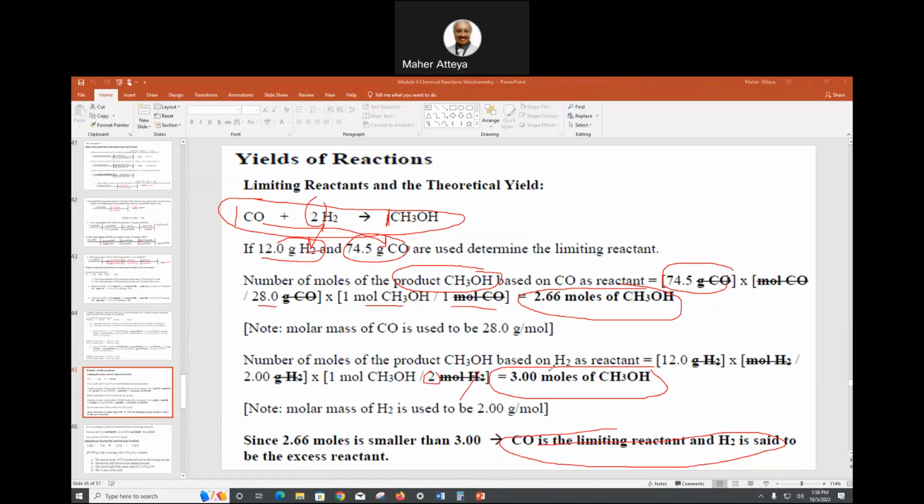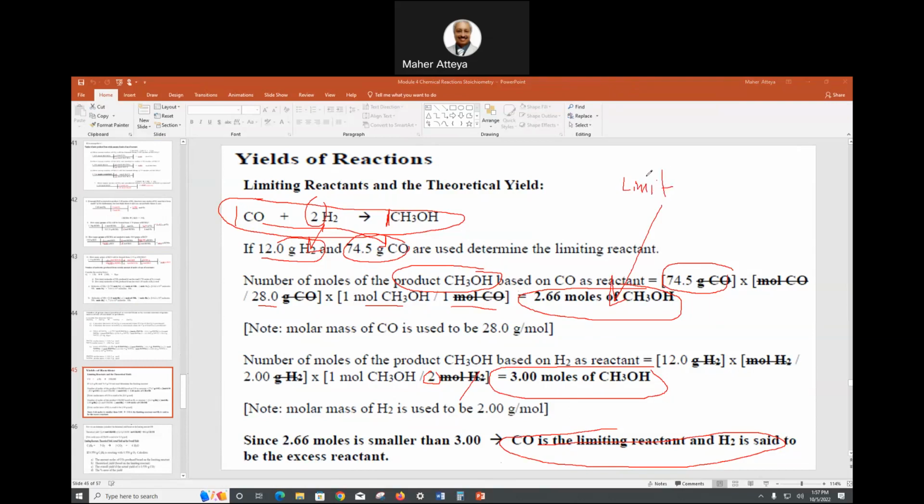You take 3 minus 2.66, the difference between the moles of hydrogen and the moles of product. It's always half, so whatever the subtraction, divided by 2 will give you the leftover hydrogen after the reaction is done. So this one here is limiting, and I will base my calculation on it. The other will be the excess reactant, correct?